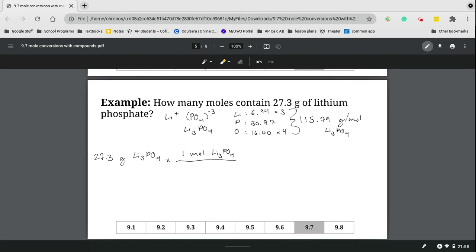So we need to have that 115.79 grams of Li3PO4, and multiplied out, and divided out, I'd rather say, we get 0.236 moles of Li3PO4 that contain 27.3 grams of lithium phosphate.